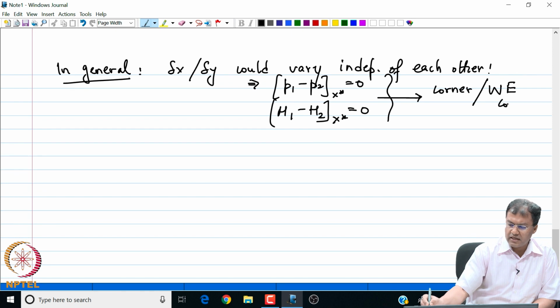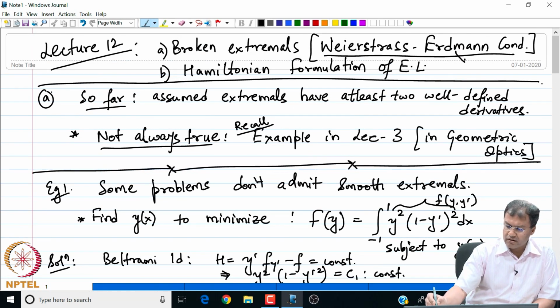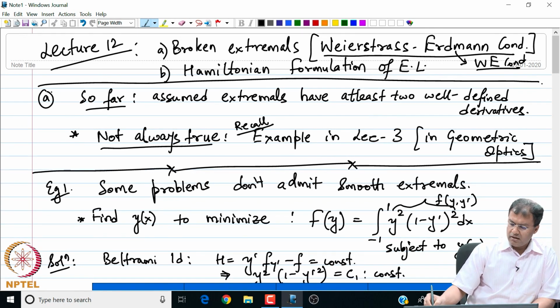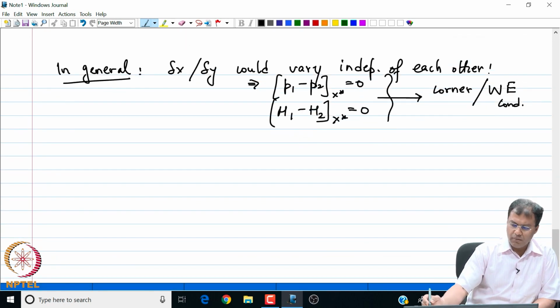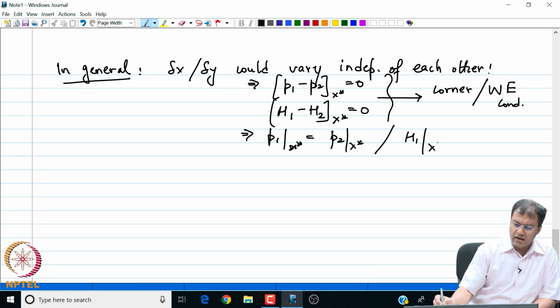Let me right away say that my Weierstrass-Erdmann conditions are WE conditions. So, I am using a short abbreviation in my subsequent discussion. So, WE conditions, right. So, from here I get P1 at x star is equal to P2 at x star, and similarly H1 at x star is equal to H2 at x star, right.